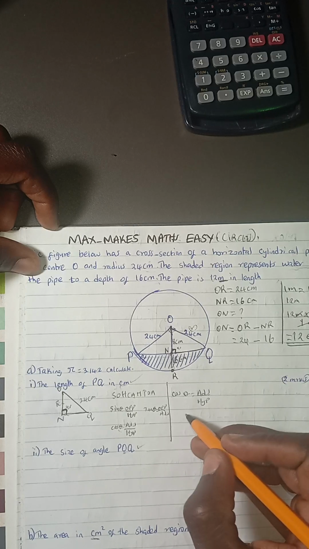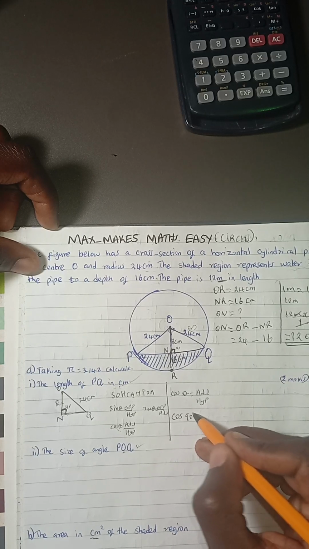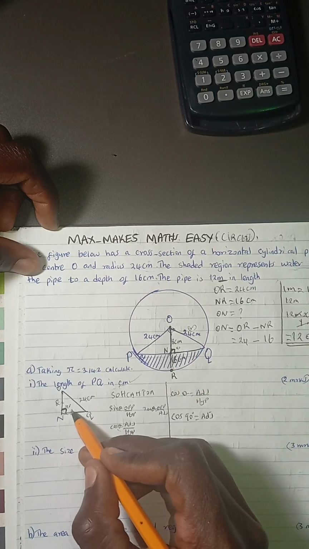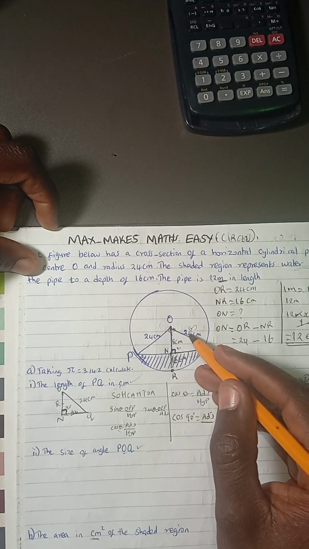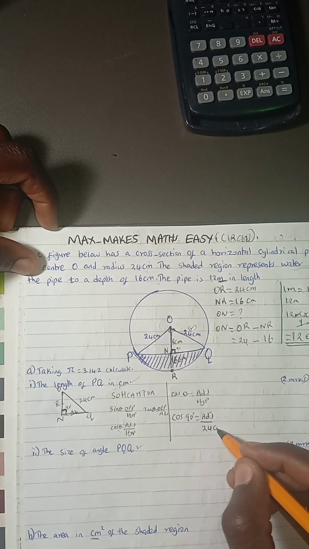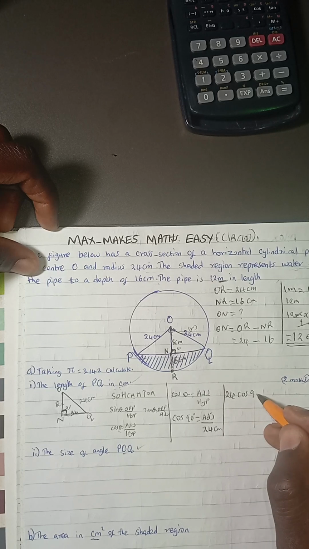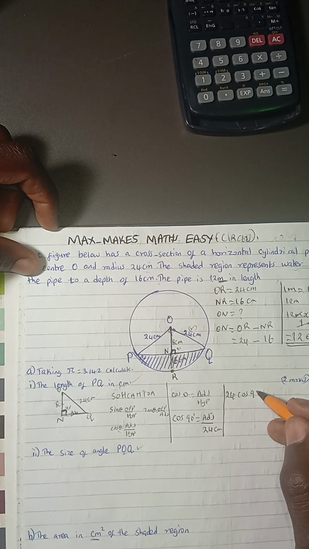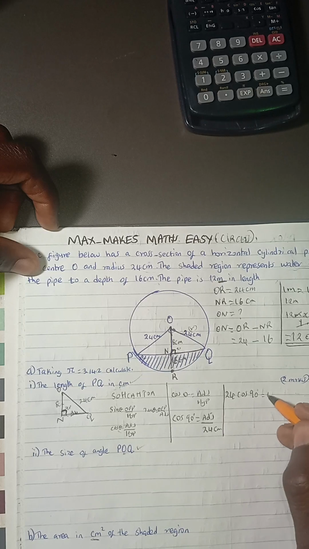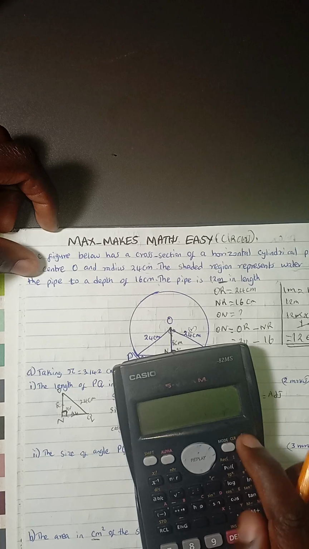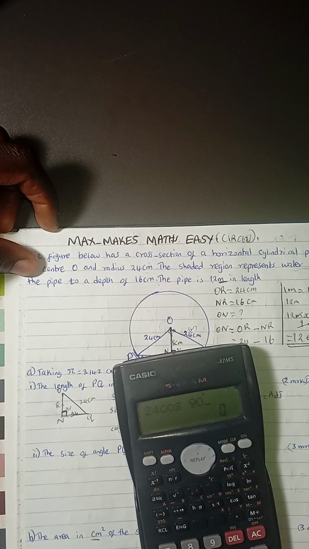So cos 90 degrees is equal to adjacent, which we don't know, divided by hypotenuse. Hypotenuse is 24 centimeters. So 24 cos 90 degrees is equal to adjacent.